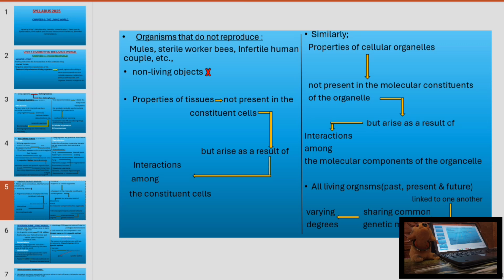Similarly, properties of the cellular organelles are not present in the molecular constituents of the organelle but arise as a result of interactions among the molecular components of the organelle.